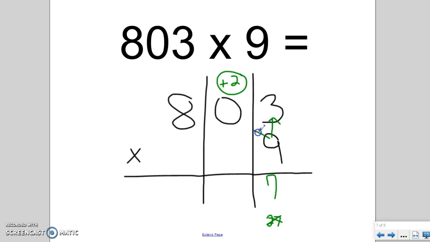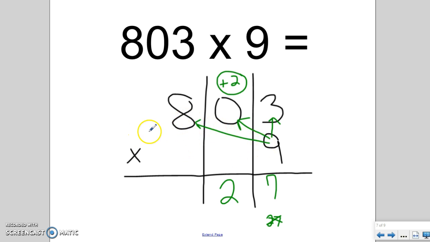So now, the 9 is going to attack the 0. The biggest mistake that kids make is they'll say 9 times 0 is 9. That is not true. Anything times 0 is 0. So 9 times 0 is 0, plus those 2 more makes 2. Just a single digit. I don't need to carry anything. And last but not least, I have 9 times 8.